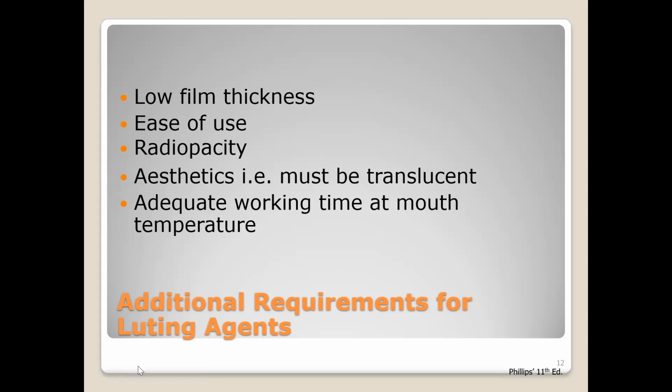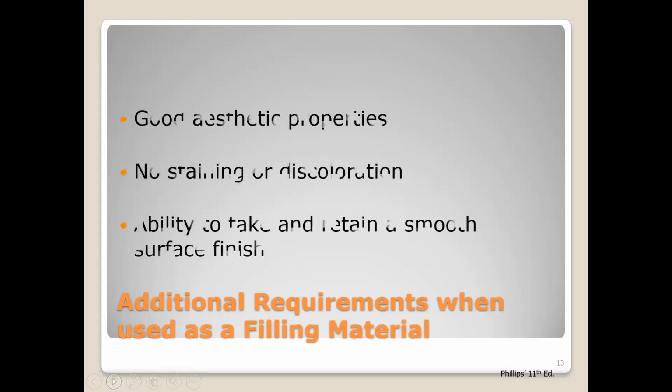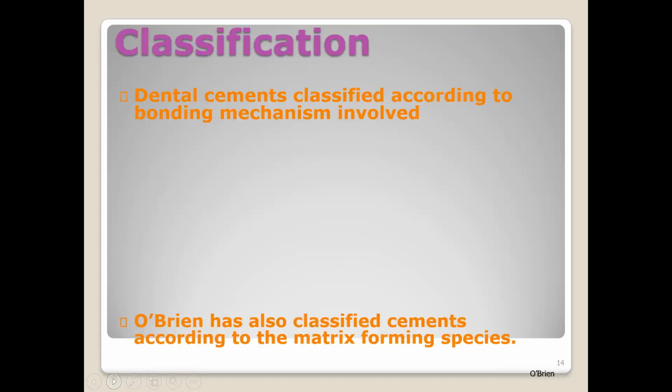So these are additional requirements for a luting agent, that it should have a low film thickness so that an accurate fit can be maintained. Good aesthetic properties, no staining or discoloration, and the ability to take and retain a smooth surface finish are the additional requirements when the cement is being used as a restorative material.